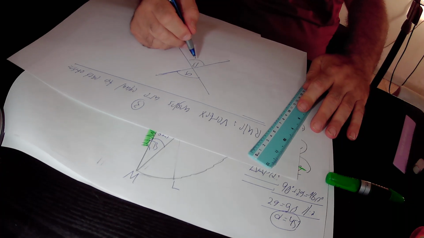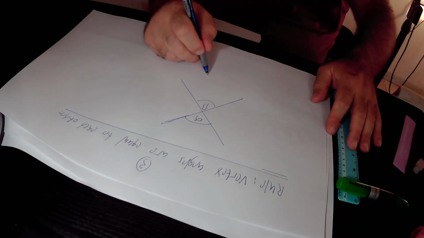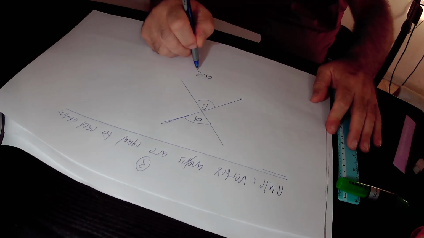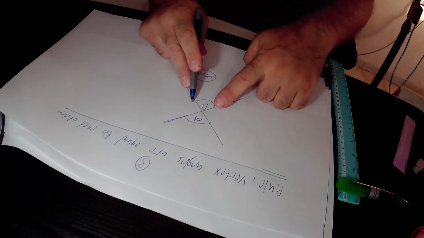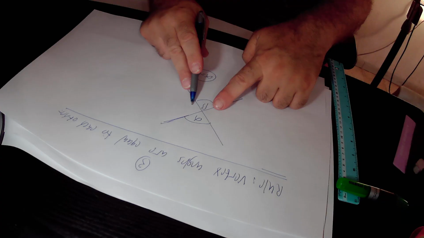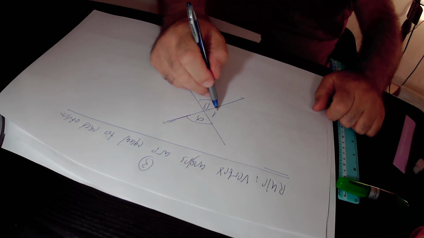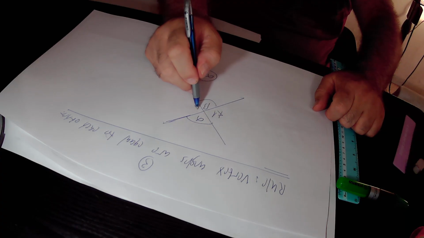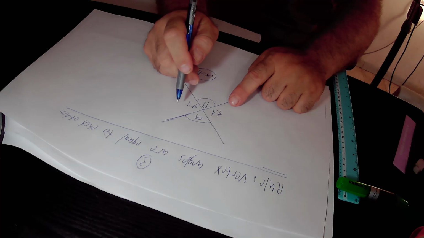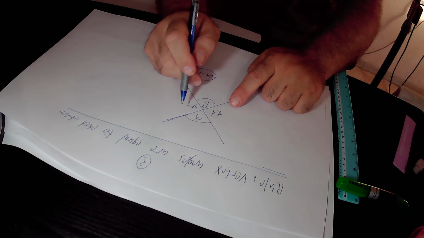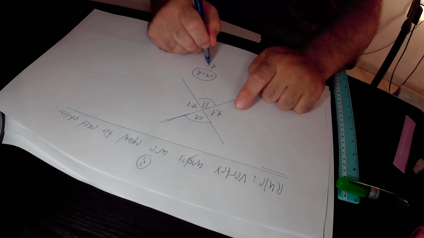Those two angles alpha and beta are defined as vertex angles and they are equal to each other. That is to say, angle alpha equals angle beta in its size. Likewise, we have the other pair of vertex angles. We define this angle as 1, and this angle as 2. Those two angles are also defined as vertex angles and they are equal to each other in their sizes. So angle 1 equals angle 2.